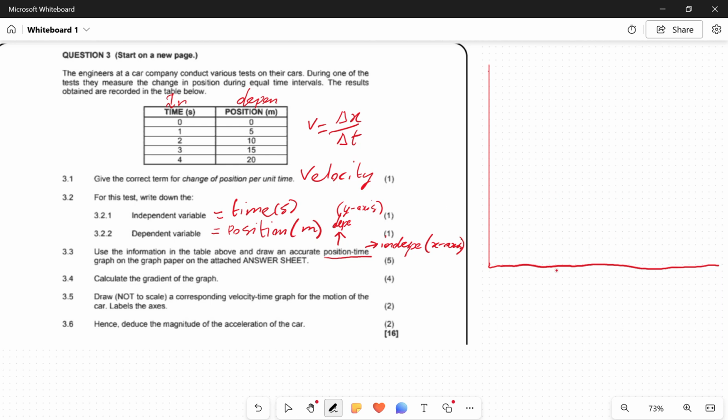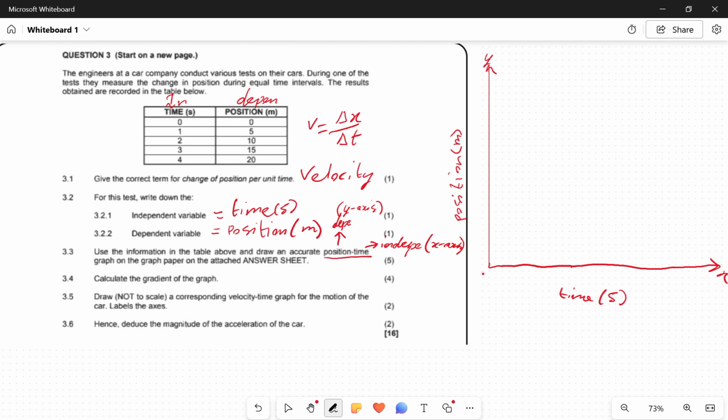Anyway, so we'll have our y-axis here, and here we will have our x. This is where we find our time. On the x-axis our time is measured in seconds, and this side will have our position. Position is measured in meters.